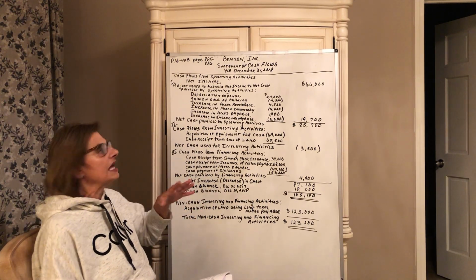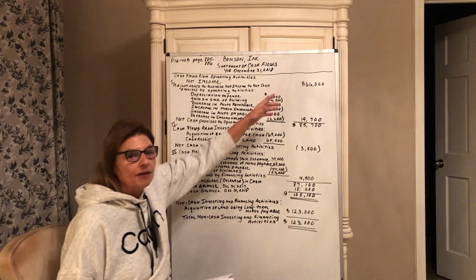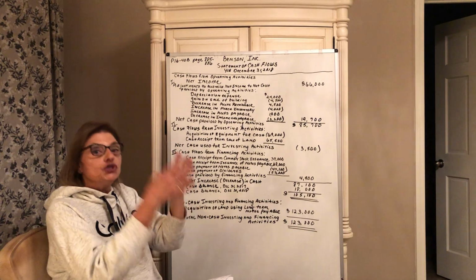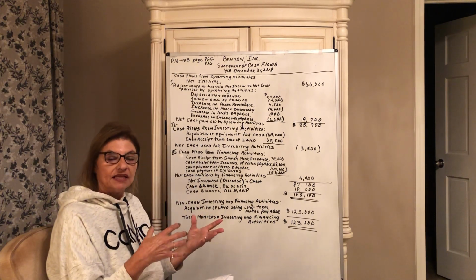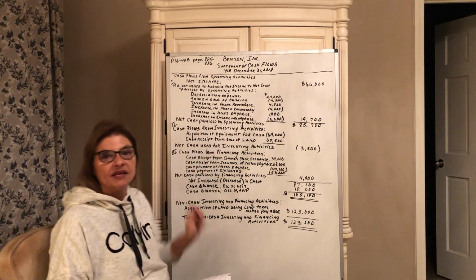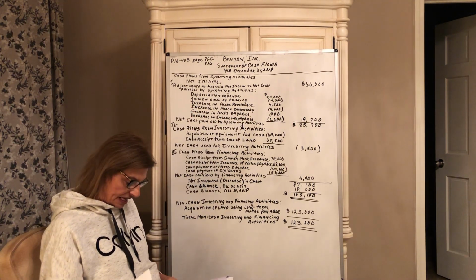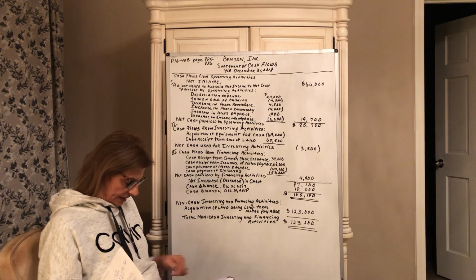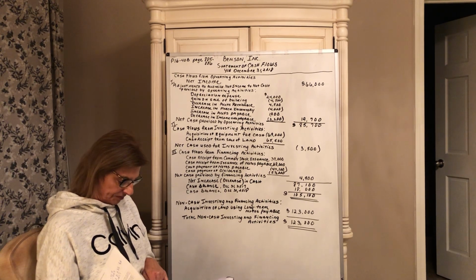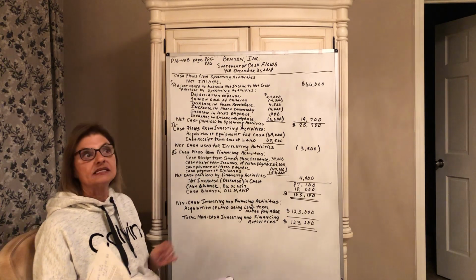So how you start this is you always get the net income, because we're going to adjust the net income for the period to the net increase or decrease in cash. That's the whole idea. So we always start step 1, net income, and it tells us net income is, and that's at the bottom of the page under the transactional data, the last thing, 66,000.